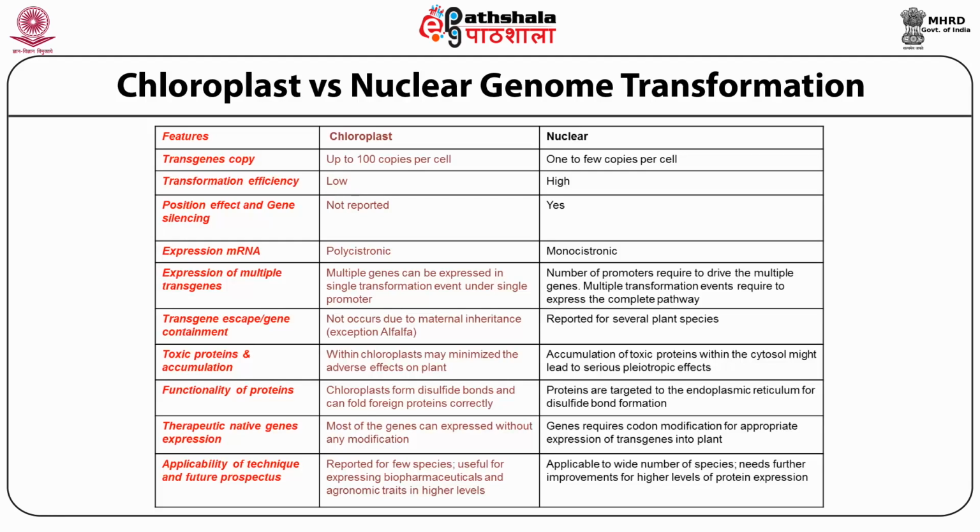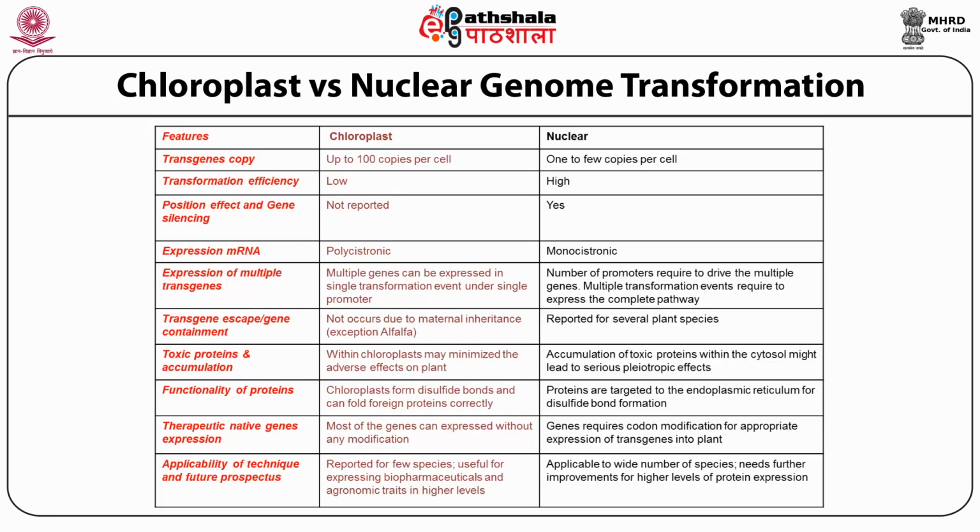For expression of genes, there are polycistronic and monocistronic methods: monocistronic in the nuclear genome and polycistronic in the chloroplast. You can express multiple genes under one promoter, and all these genes under one promoter produce one single mRNA.